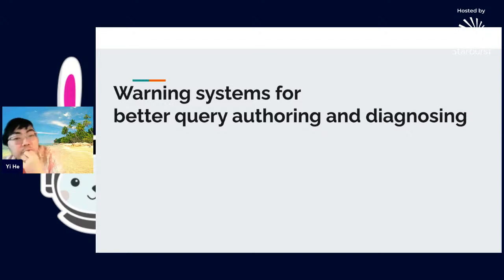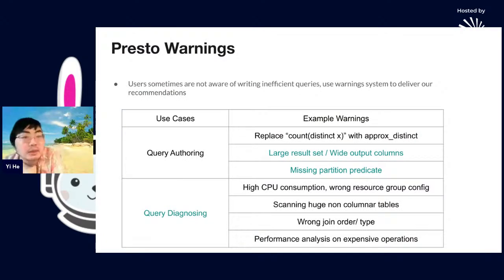In Pinterest, we actually leverage the warning system quite a bit to help users avoid writing bad queries. Over the years we have developed quite a few different warnings that help users. For example, we alert the user when they query a huge non-columnar table, and we also alert users when the query is written in a way that has a wrong join order or could be better optimized using a different join type.